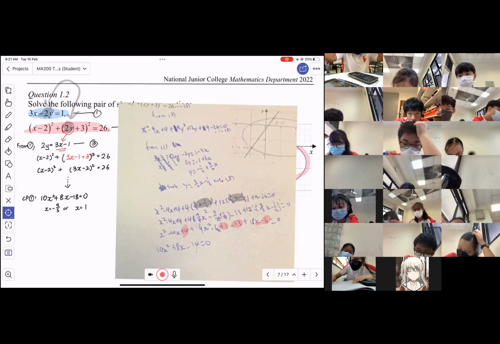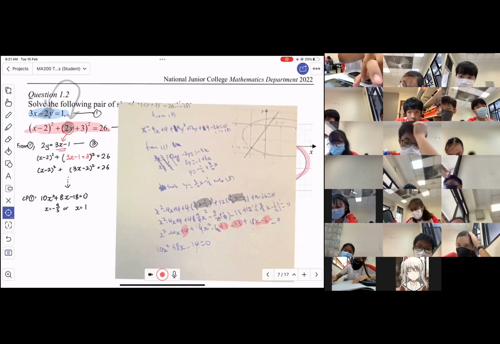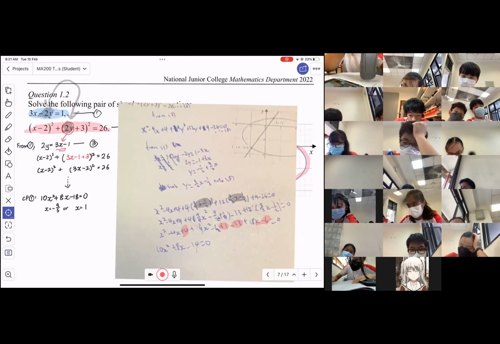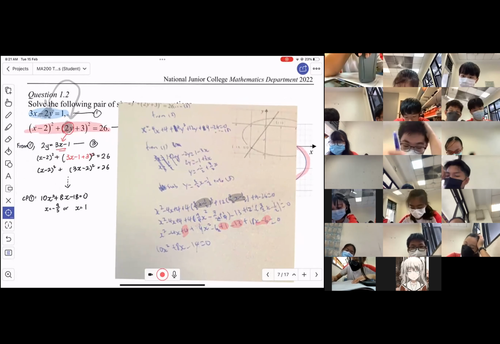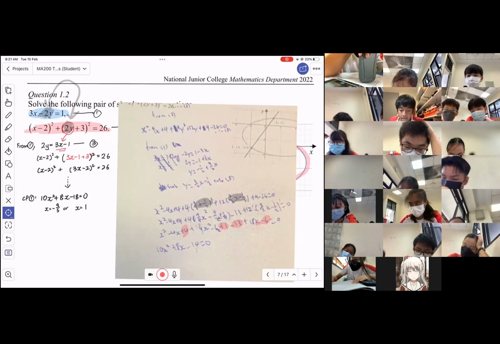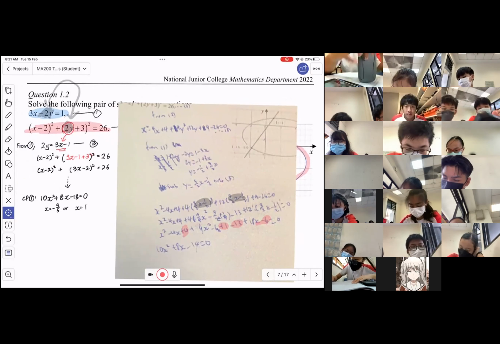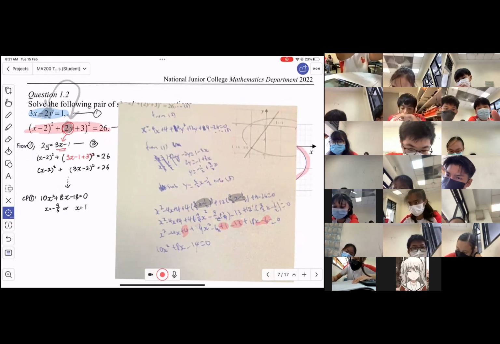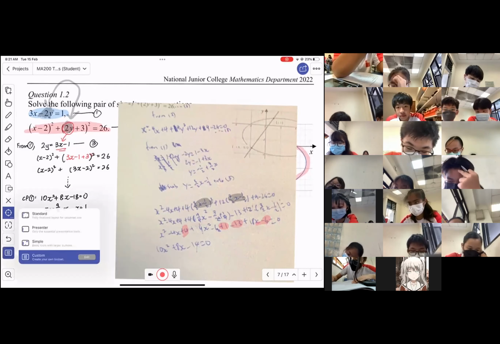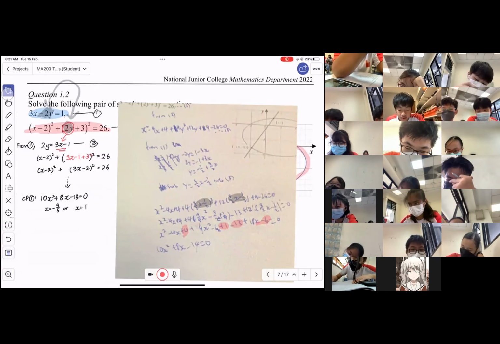Okay, let me look at another student's one. Should the 12x be negative 12? Square. One student asked, very quick one, I just want to tell you, this one should be 18, I think.